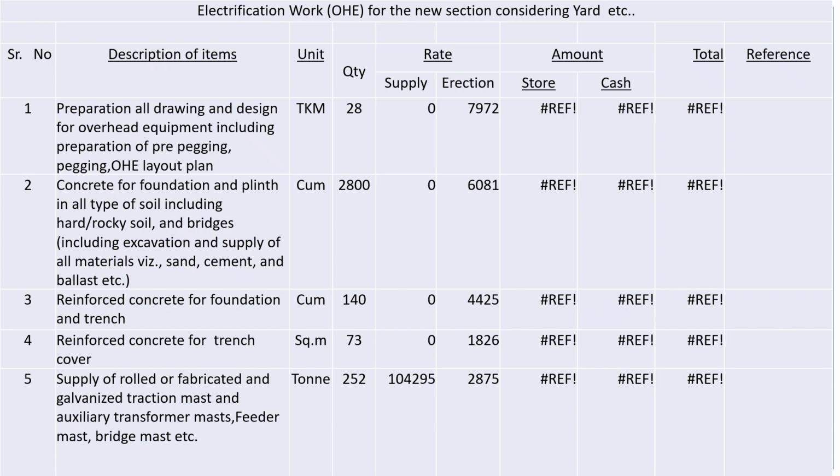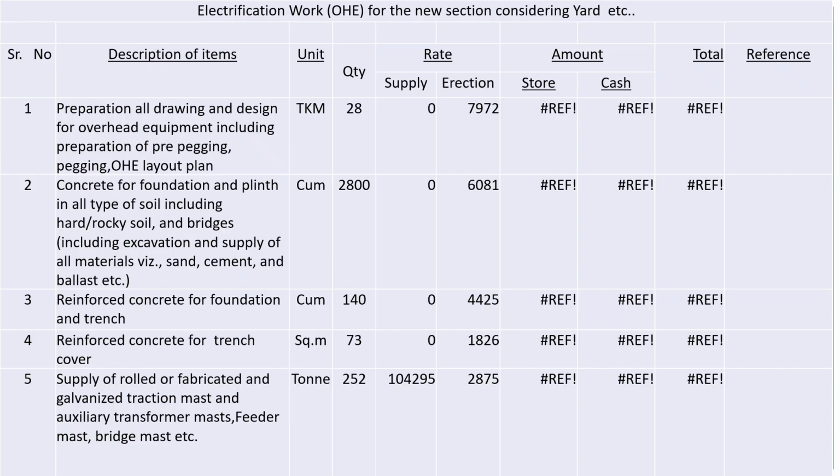Now in the estimate, what we are doing, we are giving the unit. It is given in track kilometer. What drawing design will prepare? That means length of the OHE line, that is in track kilometer. Then rate.